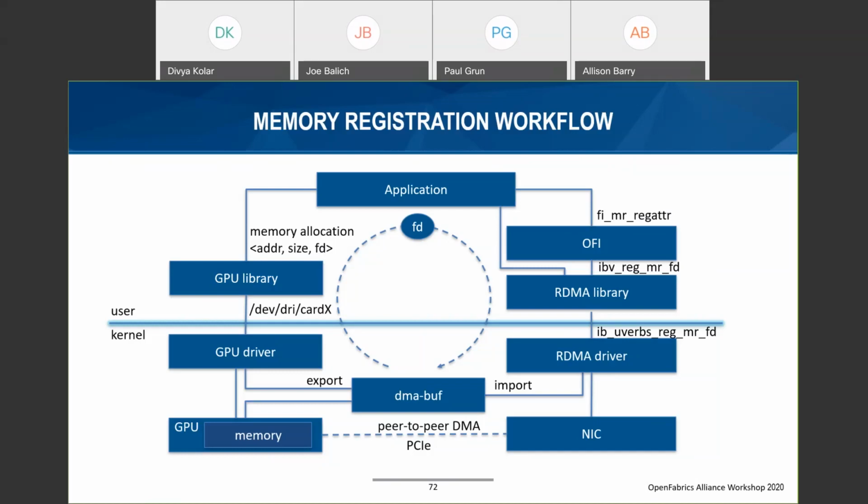The kernel RDMA driver will then import the DMA-Buf object and call the DMA-Buf API functions to set up the DMA address for the GPU memory. The NIC, when doing the RDMA operations, will then use this information to perform peer-to-peer DMA transactions over the PCI Express bus.